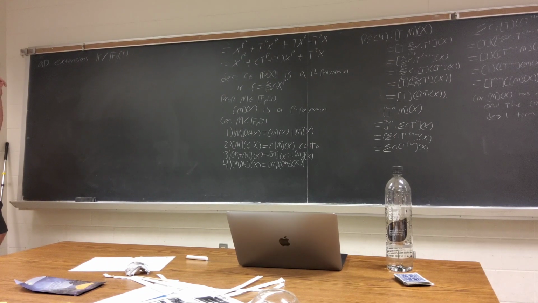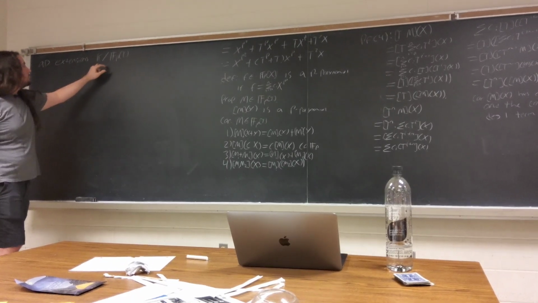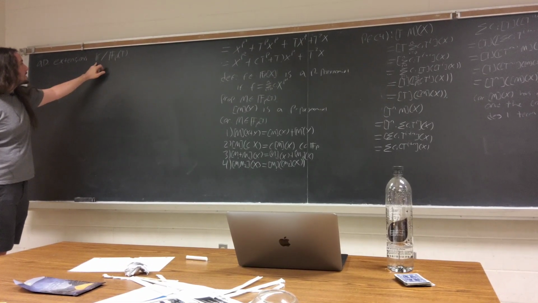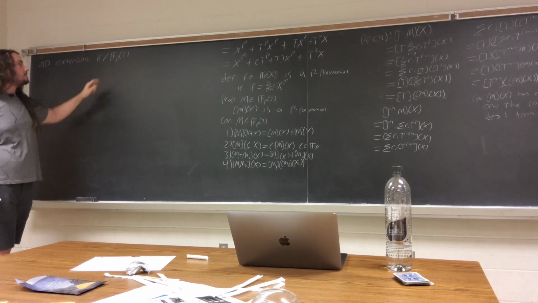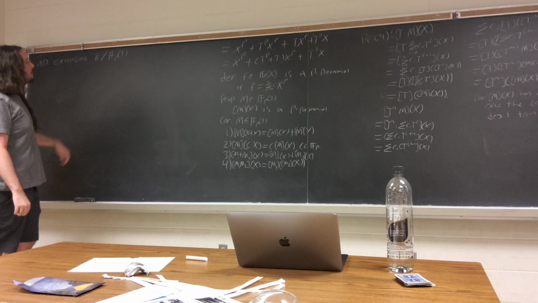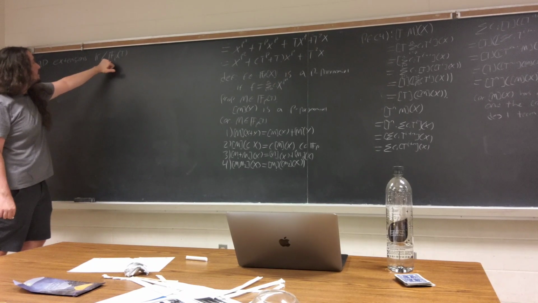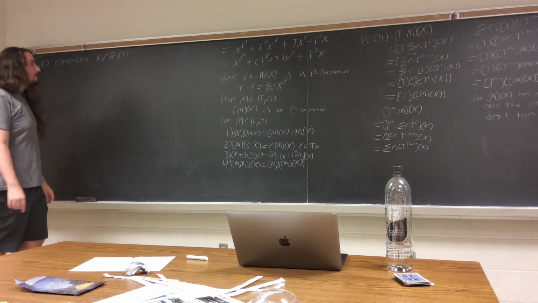Okay, so if we have an extension of this, what this means is that we can view it as a vector space over the base field. And if it's a vector space over this field, then it's also a module over that field, sort of trivially.